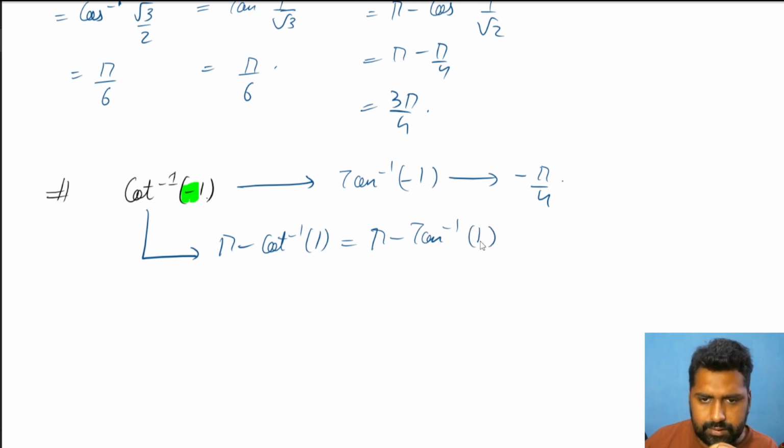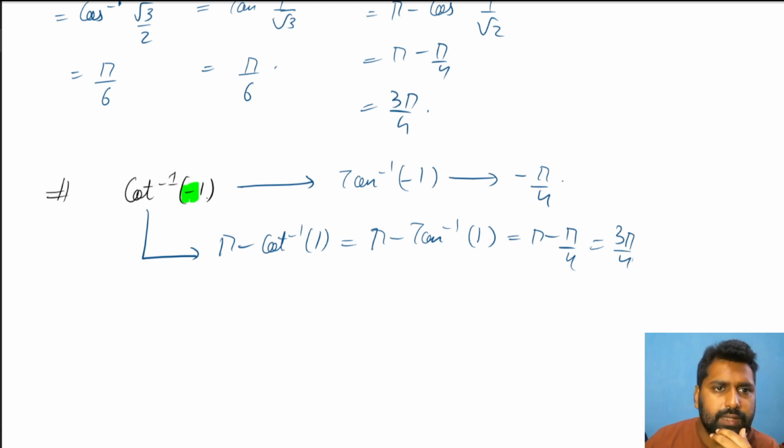So that is pi minus pi by 4, that gives you 3 pi by 4. Now which one is correct? Of course, if you know that the range of cot inverse was 0 to pi, this has to be correct, but the other has to be incorrect.